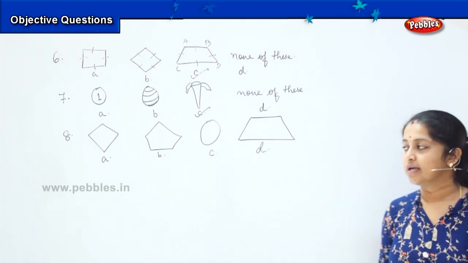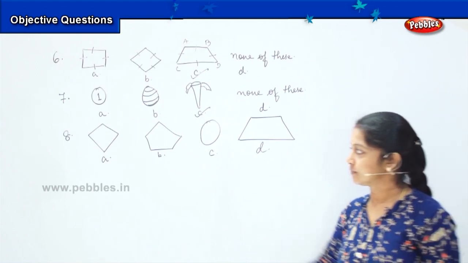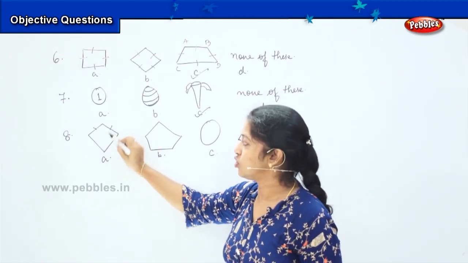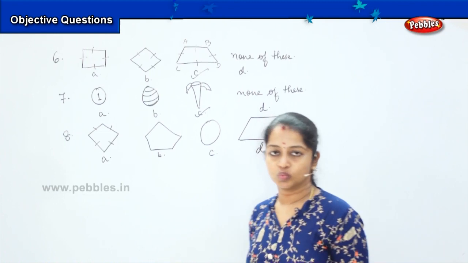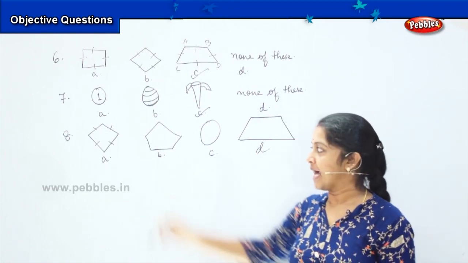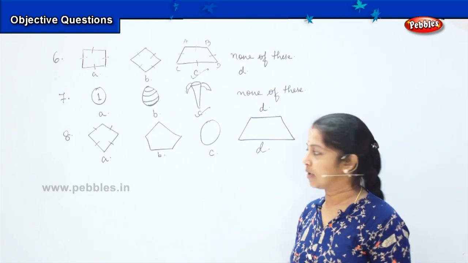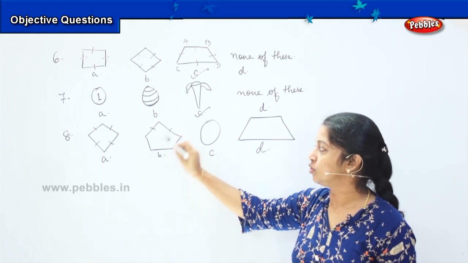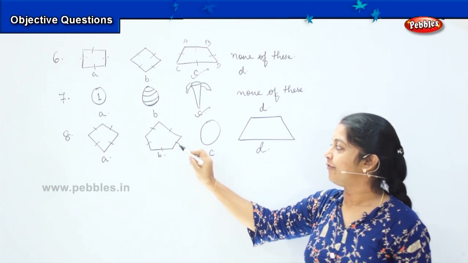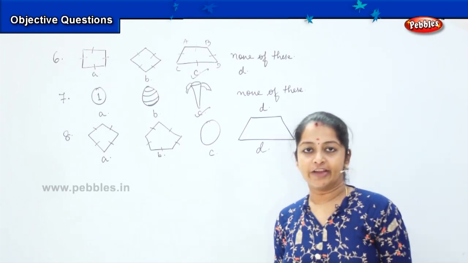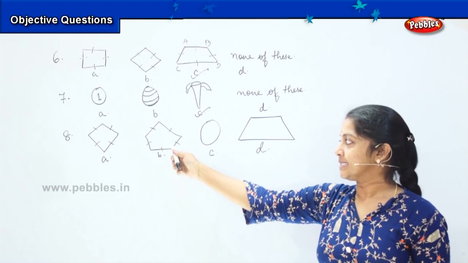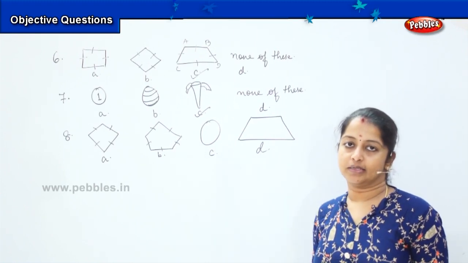How many sides does option A have? 1, 2, 3, 4. It is the shape of a diamond and it has 4 sides. What about the second one? 1, 2, 3, 4, 5. It has 5 sides, and this is an example of a pentagon.